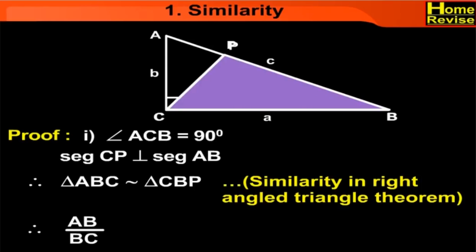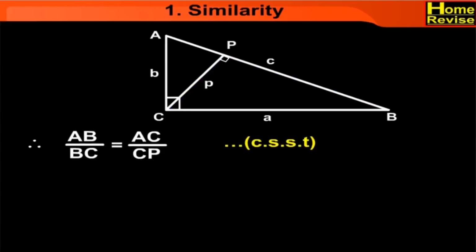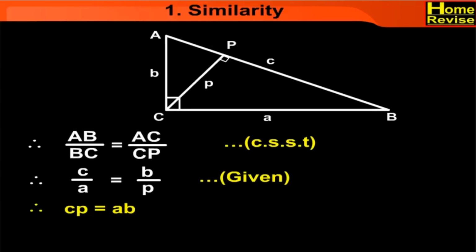Therefore, AB upon BC is equal to AC upon CP, by CSST. Therefore, c upon a is equal to b upon p. Therefore, cp is equal to ab. It is given. c is equal to ab upon p. Let this be equation number 1.